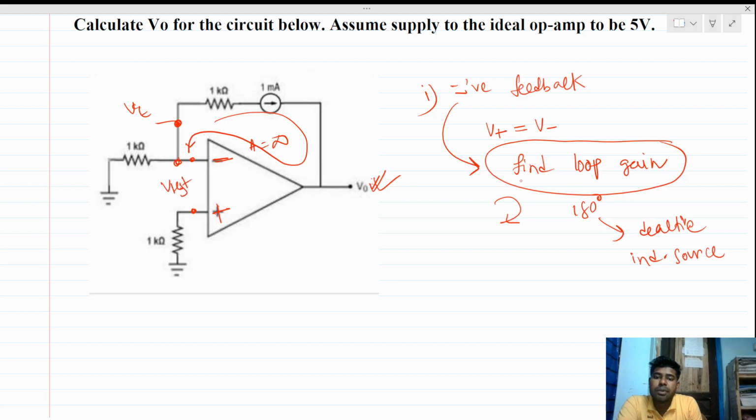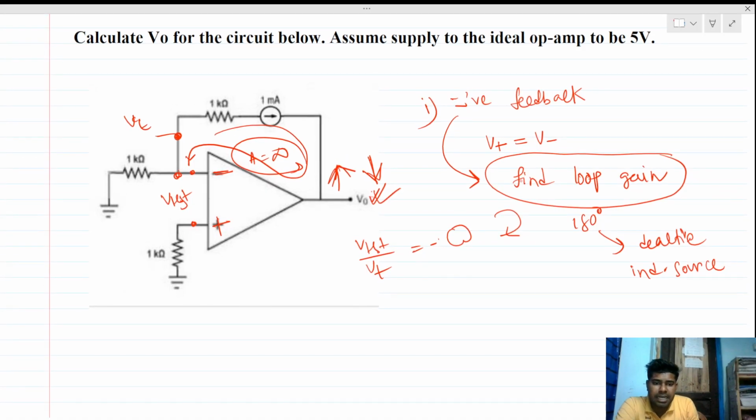Then you take the ratio of V test over Vt, and if there is a negative sign, this will be a negative feedback circuit. Negative feedback means if you increase the potential at any node, and you traverse the loop, you get this voltage eventually decreasing. But actually we are not going to do that.